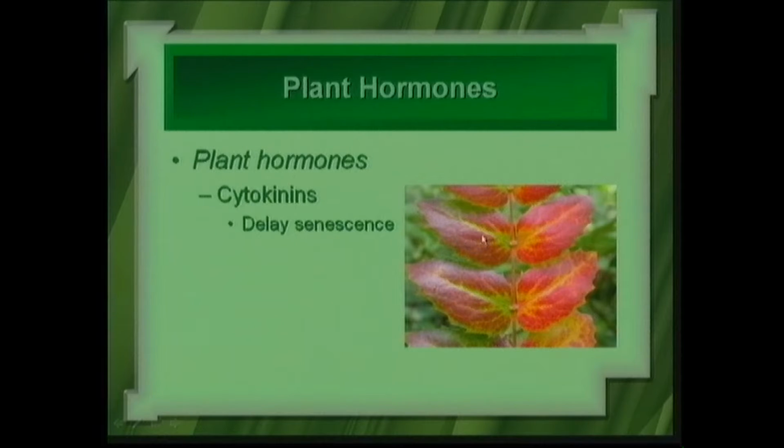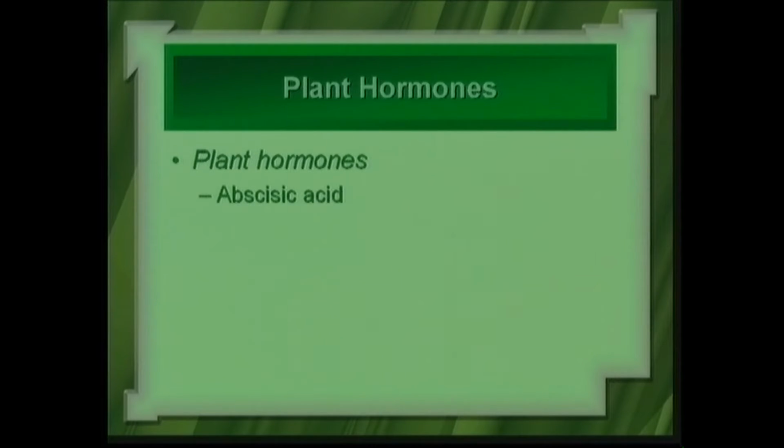Here, this plant's chlorophyll is breaking down. These leaves are turning red because you have the carotenoid pigments that are there all the time, but since the chlorophyll pigments aren't there, you can see the underlying carotenoid pigmentation.